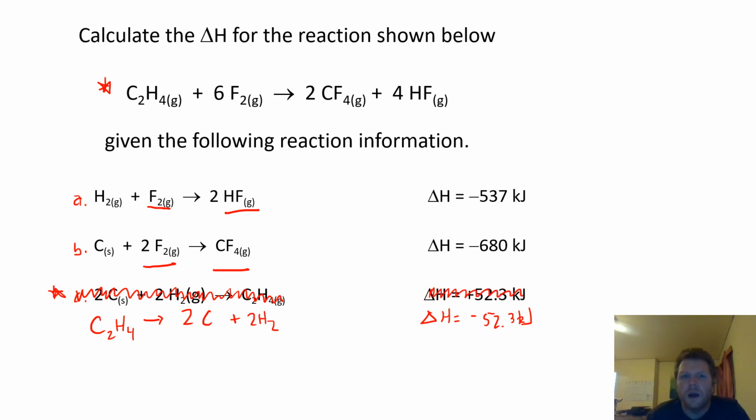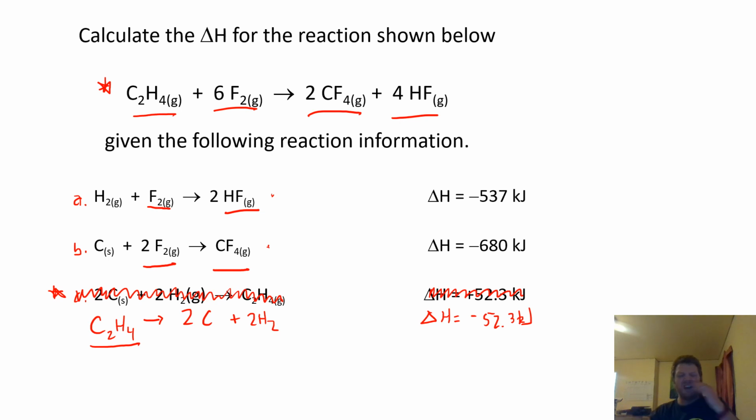Okay, now whenever I look at all of my other reactions, I've got all of my reactants and products accounted for, because in reactions A and B, I have F2 as reactants. In reaction C, I've got my C2H4, and then my products: my CF4 is a product in reaction B right here, and HF is a product in reaction A right there.